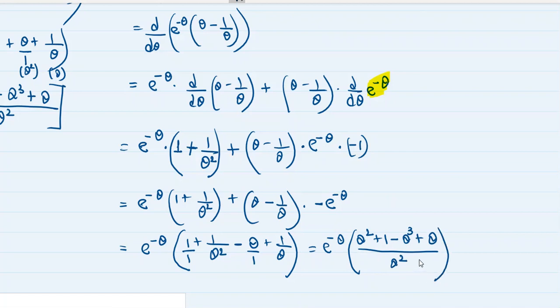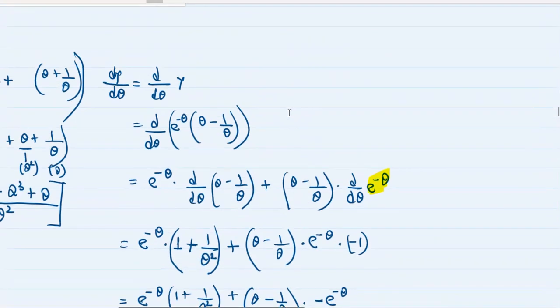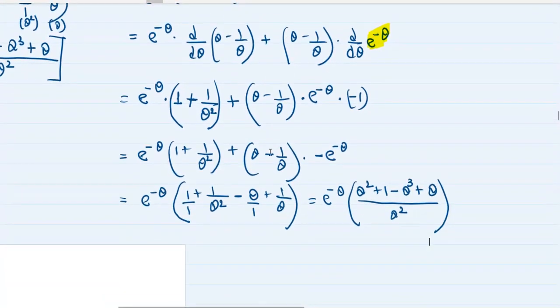The minus sign remained inside and changed the sign over here, so everything is simplified. So we get the value of dy by d theta.